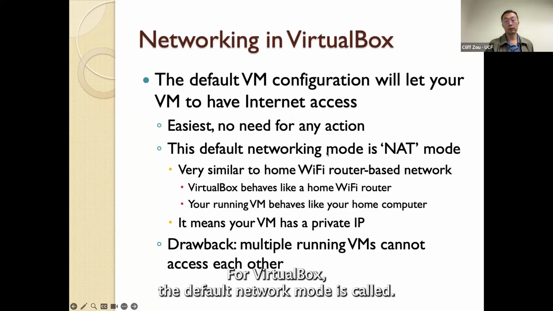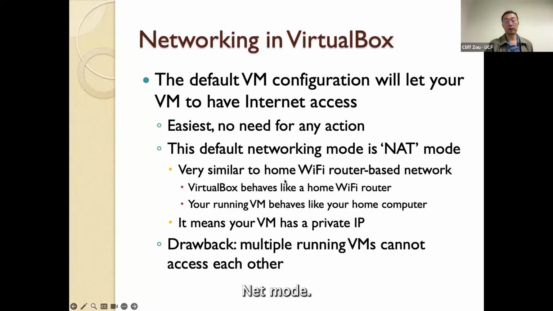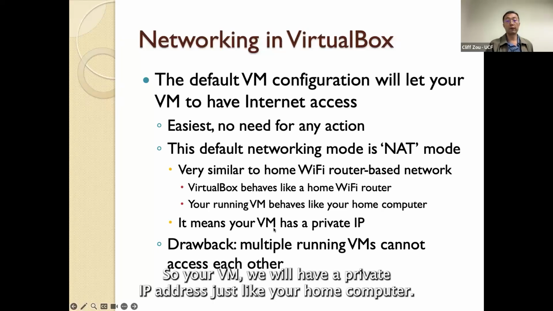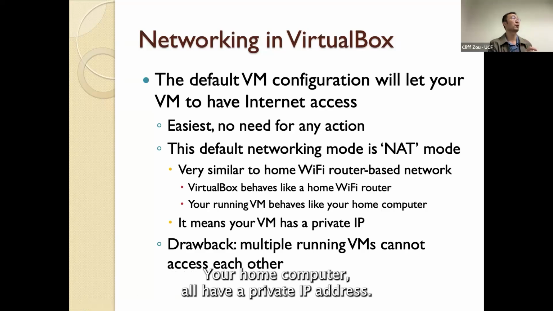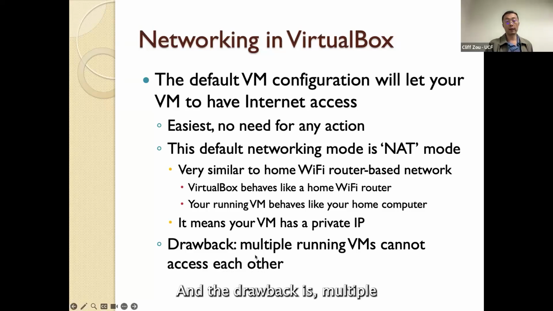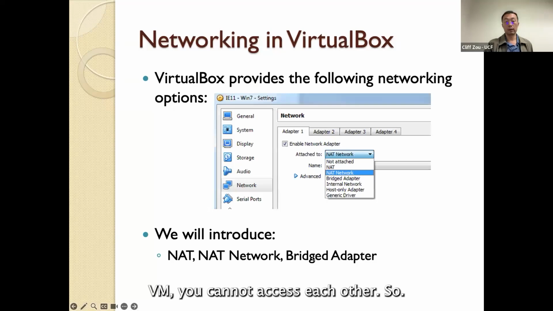For VirtualBox, the default network mode is called NAT mode. It's very similar to a home Wi-Fi router network. Your VM will have a private IP address, just like your home computer. The drawback is that multiple VMs cannot access each other.